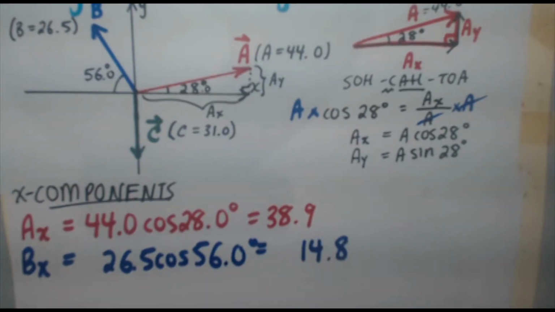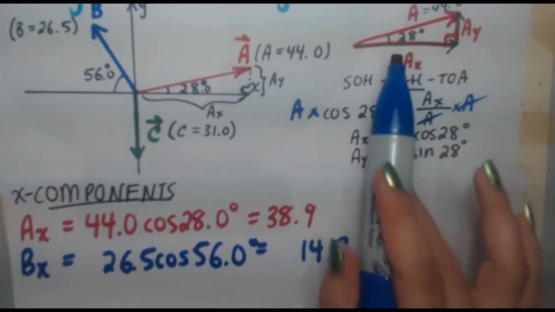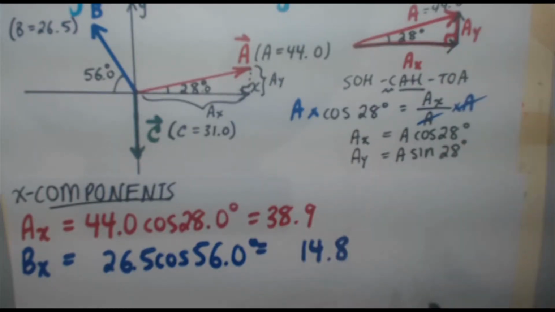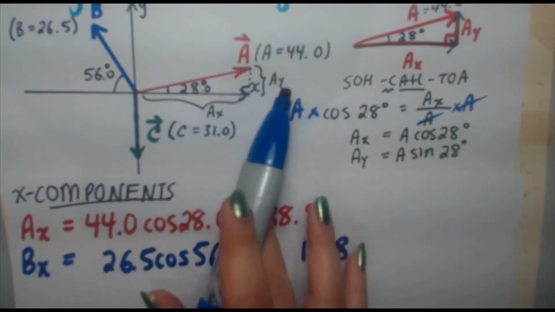Now, there's something here that you have to pay attention to. You remember how here I mentioned that the AX was in the positive X direction and the AY was in the positive Y direction? You can tell that by looking at the diagram, right?